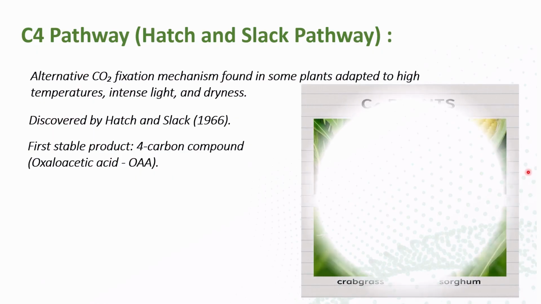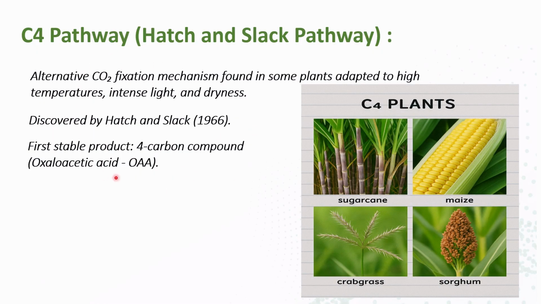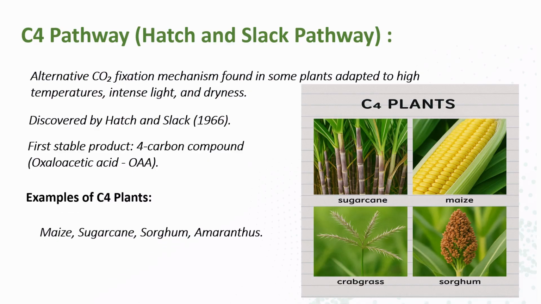Examples of C4 plants are sugarcane, maize and sorghum. These plants can survive in higher temperatures, like arid and semi-arid tropics, and show the C4 pathway compared to C3.